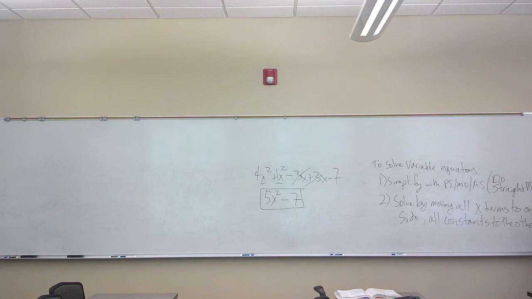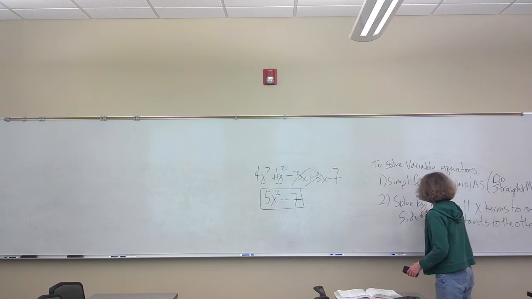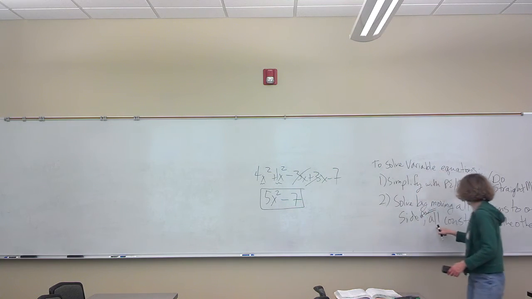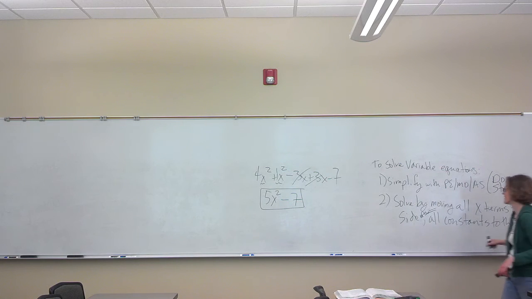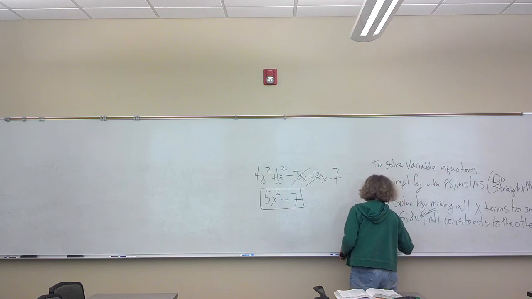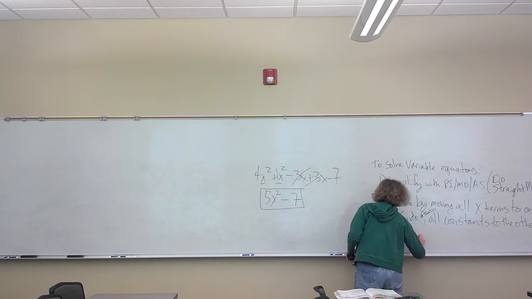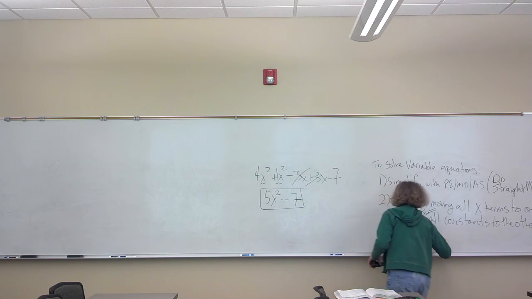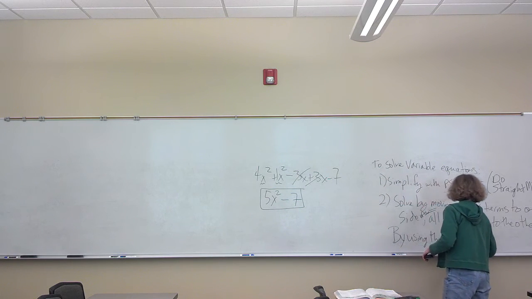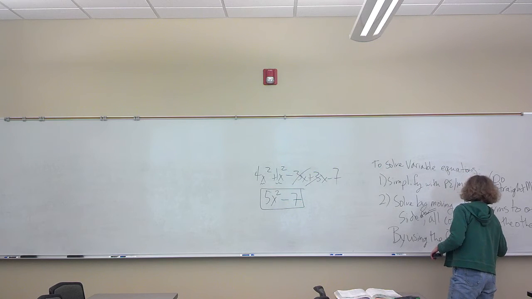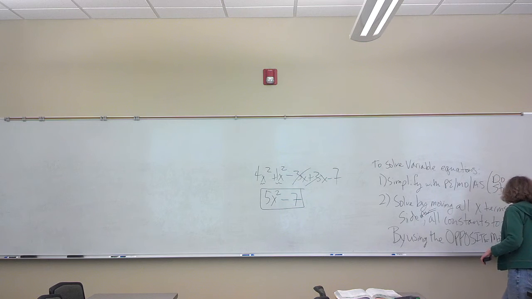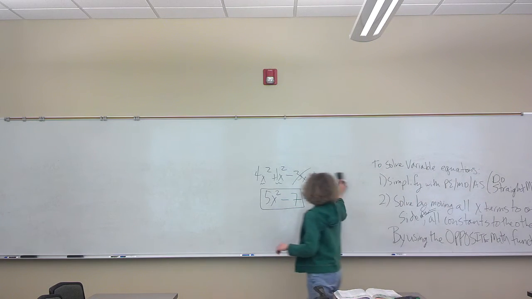you're going to move all the x terms to one side of the equal sign and all constants to the other side. The way to do this is by using the opposite math function. This is what we did with the Pythagorean theorem. You'll see in a minute.